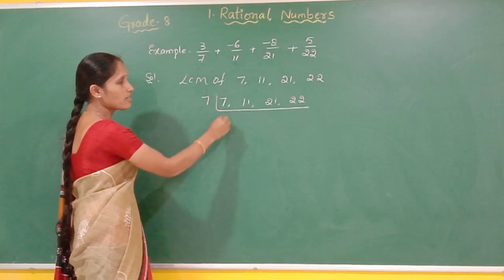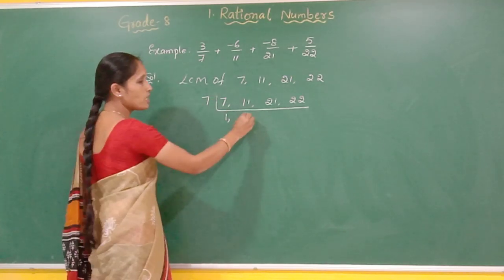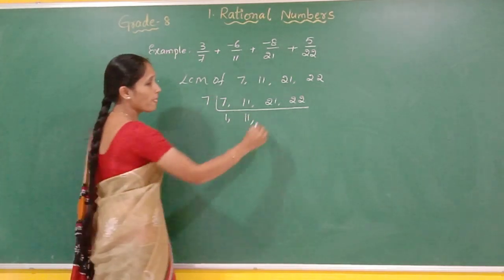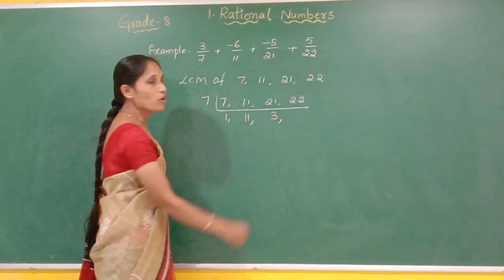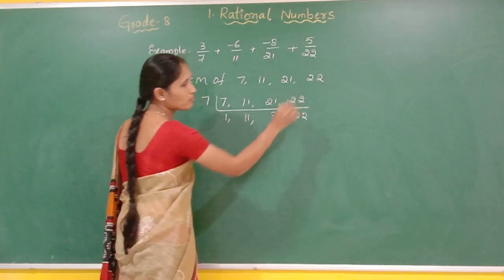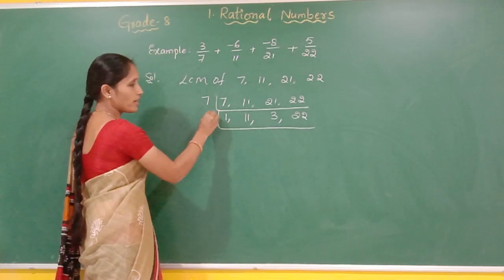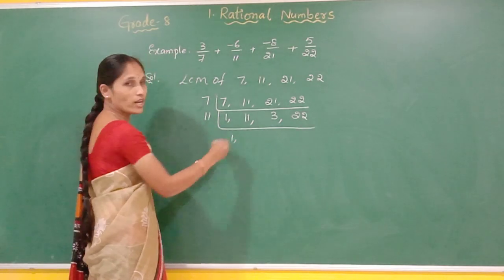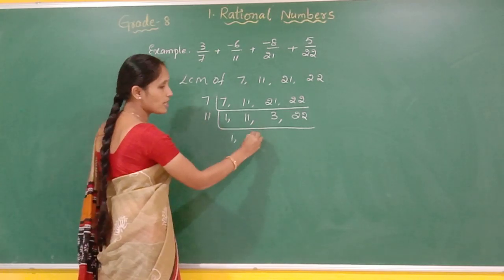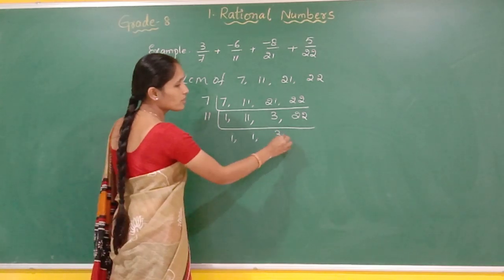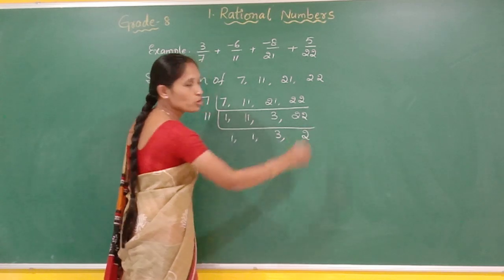Yes, 7. 7 ones are 7. 11 is not divisible. 7 threes are 21. 22 is not divisible. Again, 11. 11 ones are 11. 11 twos are 22.